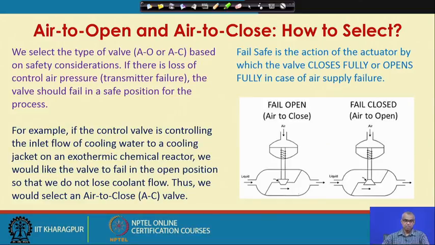In case there is a failure in the control valve, we would like to fail the valve in such a position that we do not lose the coolant flow, because that is safe for the process. So, you would select an air to close valve, because the air to close valve is a fail open valve.